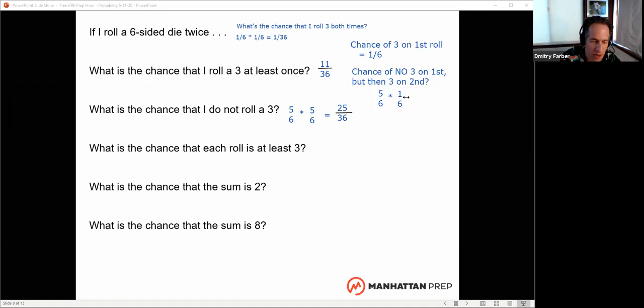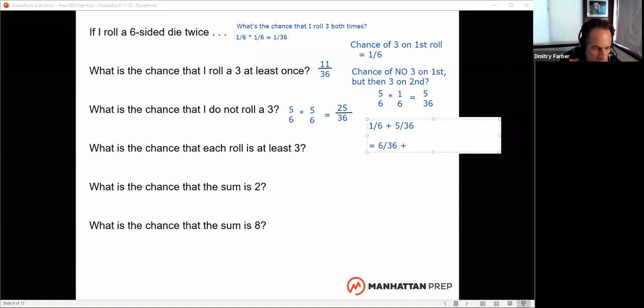So notice this is 5 out of 36. If we put those together, 1/6 plus 5/36 equals 6/36 plus 5/36 equals 11/36. So that's how you could break it down into pieces.